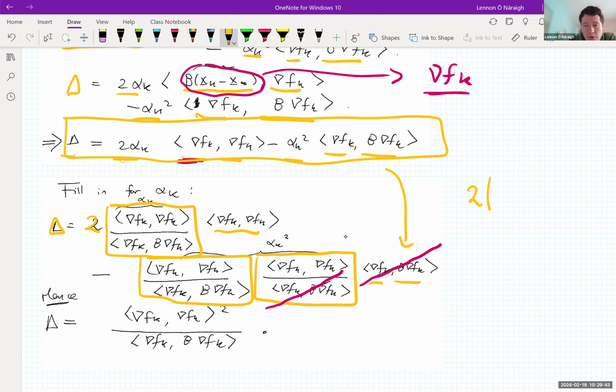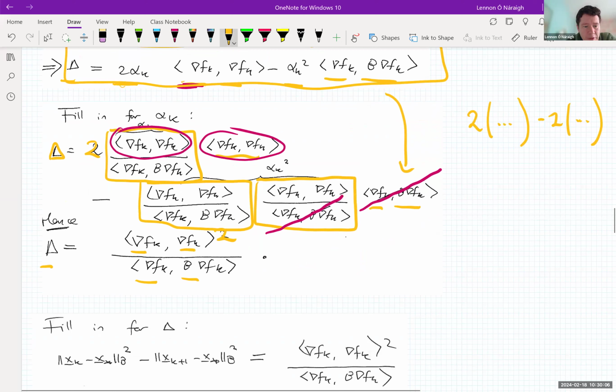So I've got 2 times something minus 1 times something. So overall delta is grad f scalar product with grad f squared. So that's this guy times that guy. And then divided by grad f scalar product with B grad f. So this is my expression for delta.